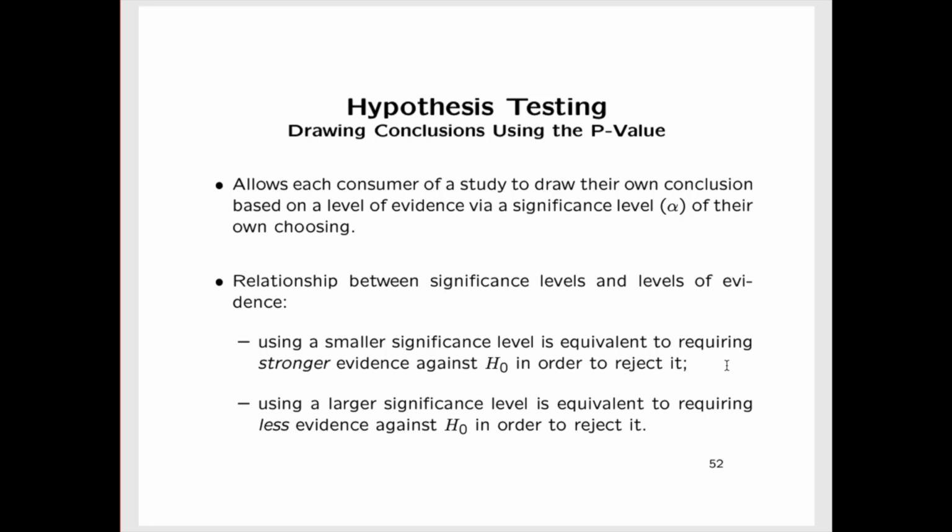For example, they might use a 0.03 or a 0.01 level of significance. On the other hand, if somebody used a larger level of significance, for example 0.08 or 0.1 even, then they would be requiring less evidence against the null hypothesis than you were using in order to reject that null hypothesis.